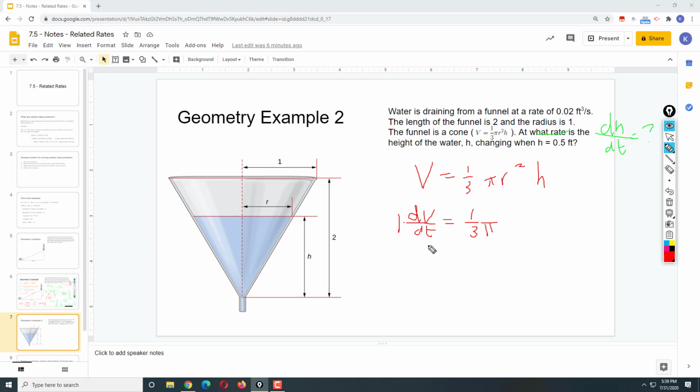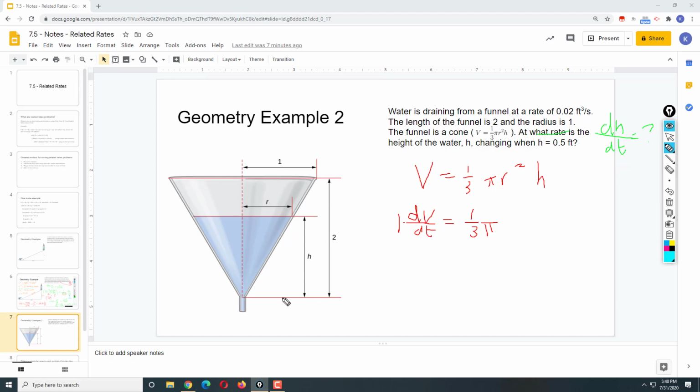Now we have a problem. Well, it's not a problem, but we could differentiate this using the product rule. There's a simpler way. From the diagram, we see that when the radius is 1, the height is 2, and they're directly proportional.